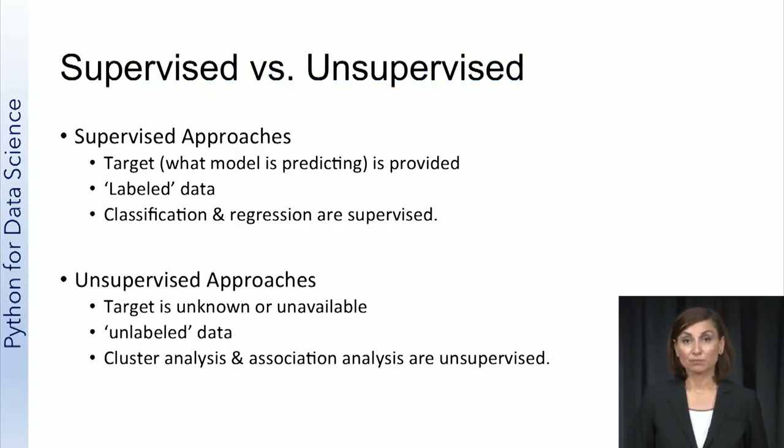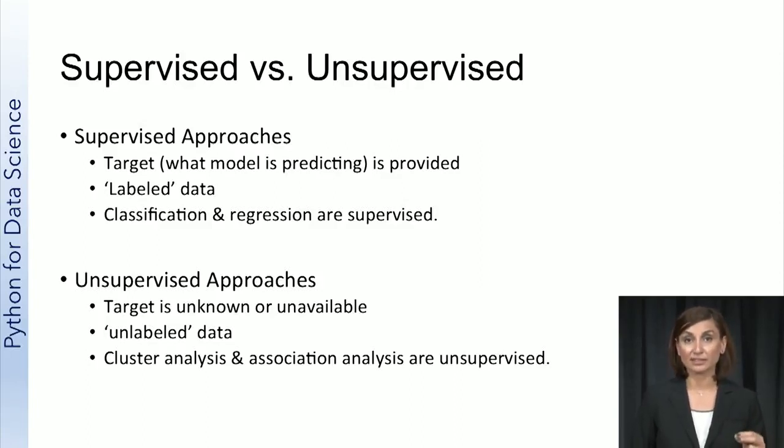In unsupervised approaches, on the other hand, the target that the model is predicting is unknown or unavailable. This means that you have unlabeled data. So you can't train using these labels. Going back to our cluster analysis example of segmenting customers into different groups, the samples in your data are not labeled with the correct group.